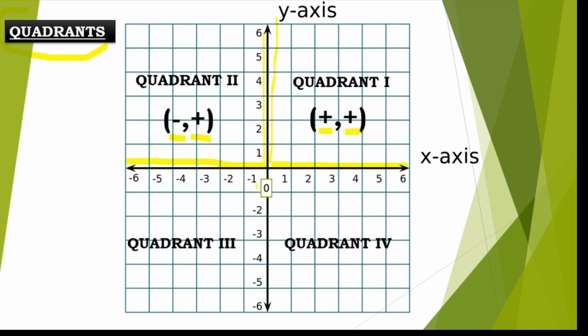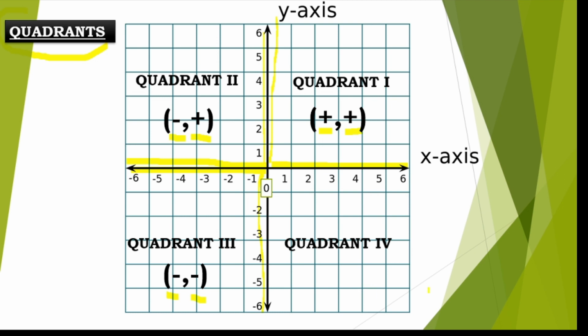How about Quadrant 3? As you can see, it is located on the negative side of the x-axis and negative side of the y-axis. Therefore, Quadrant 3 contains a negative value for x and negative value for y. Negative, negative.